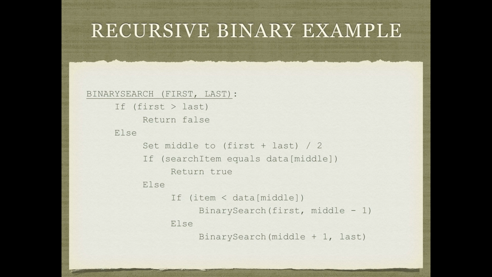The difference here is that when you call binary search, it just simply returns a value. It doesn't do value times whatever like it did in factorial. We just return either true or false. Makes it a little easier.